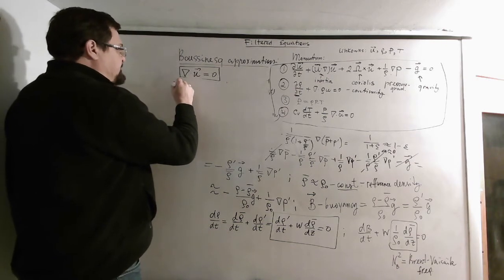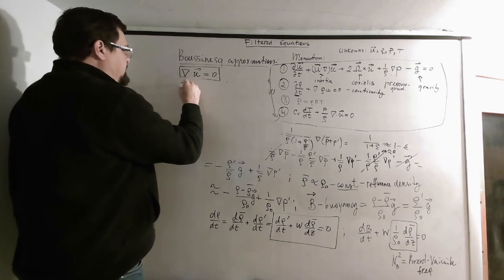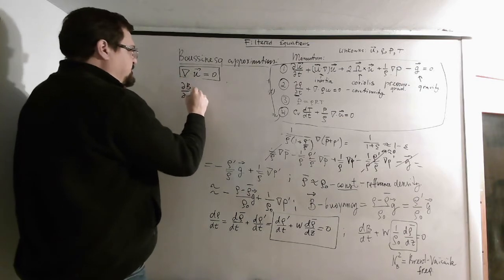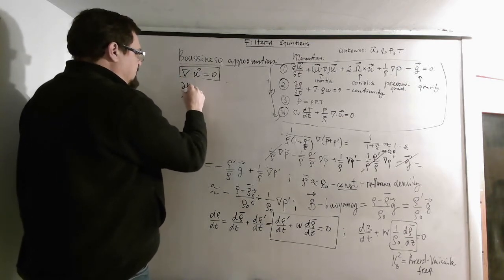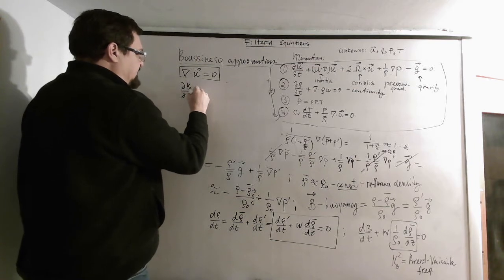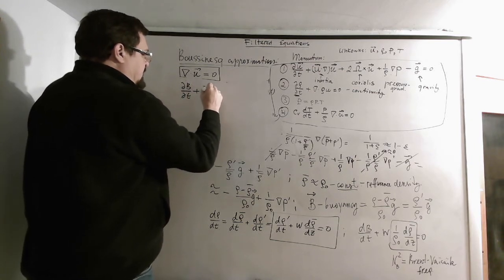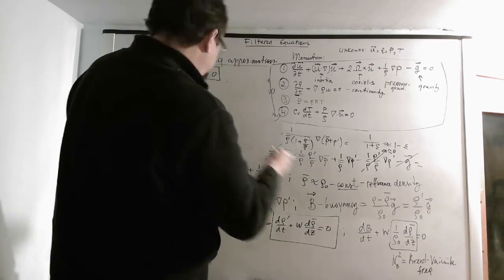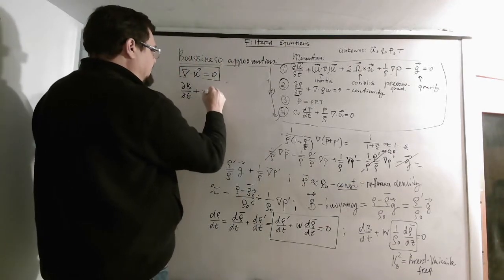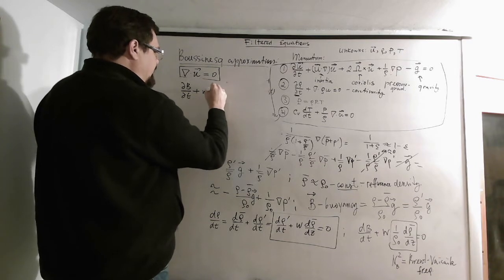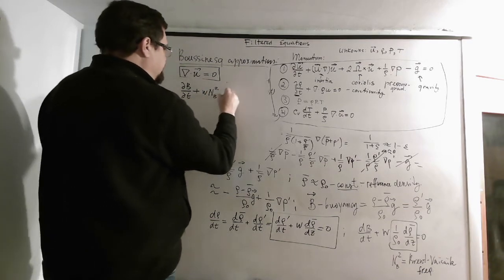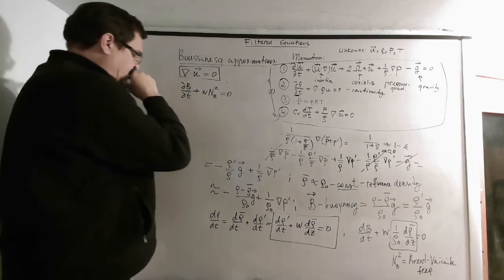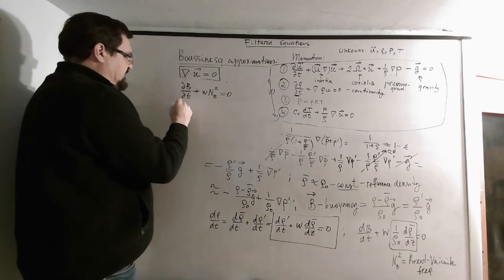Then we have dB dt plus w N squared, Brunt-Väisälä frequency squared, equals 0.